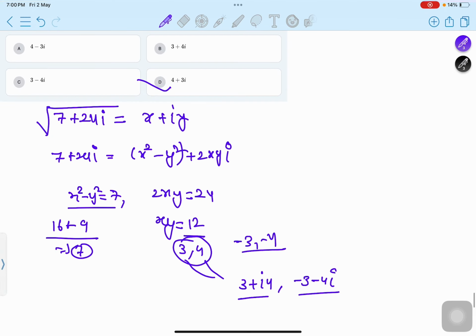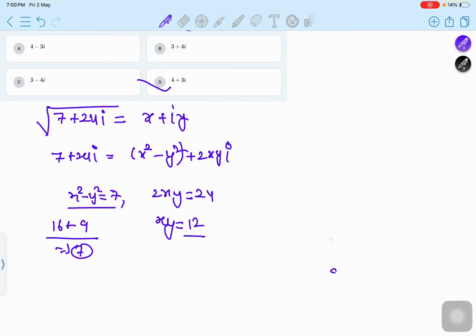X value is 4, because x is replaced by 4 and y replaced by 3. So 4 plus 3 iota, correct?